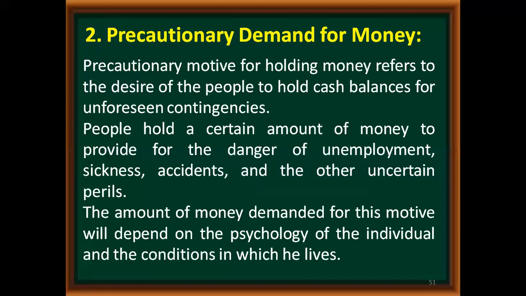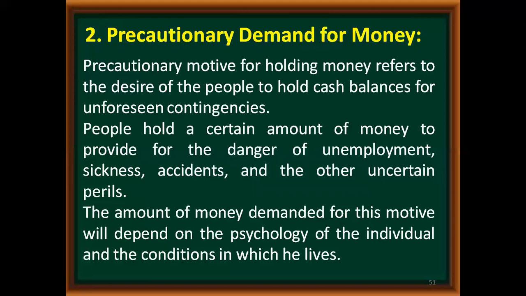For example, if somebody falls sick, meets with an accident, or loses his job, at that time whatever money he is holding in the form of cash will help him to survive. That is why the precautionary motive is also affected by your level of income.